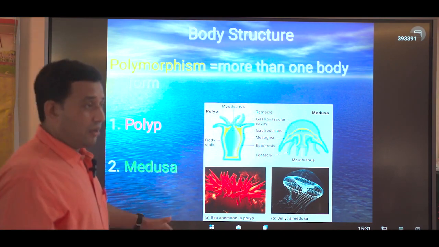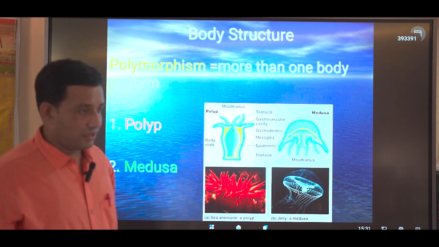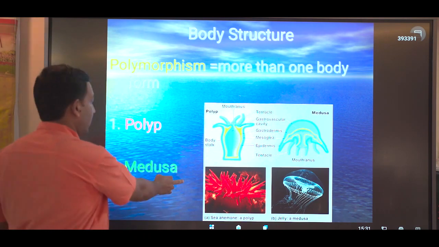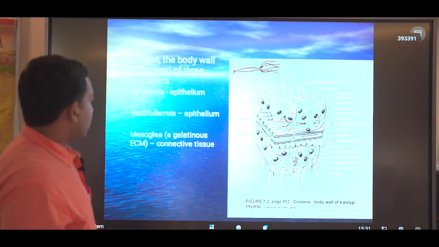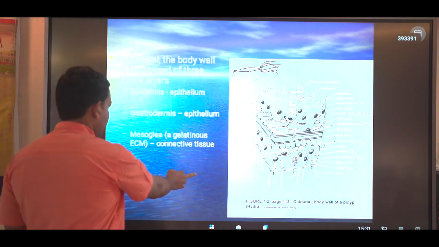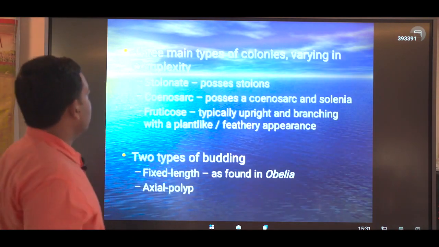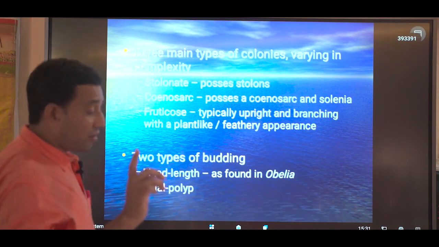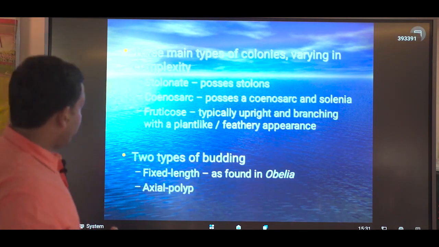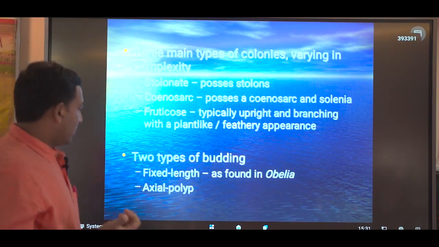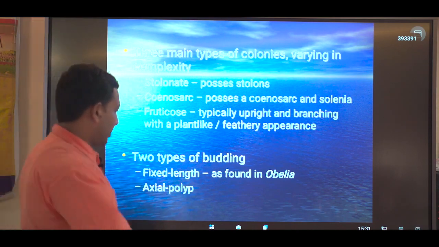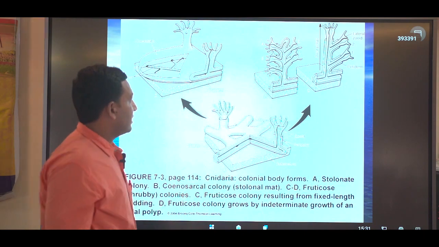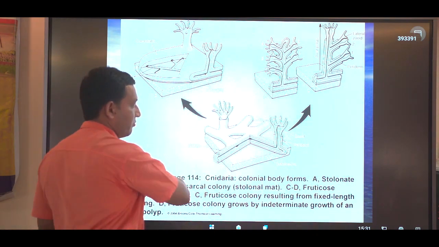Some are called vegetatively reproducing and others are sexually reproducing zooids of the same species. In general structure, you can see varying complexity: Stolonate, Coenosarc, Fruticose. And if we see the budding pattern, they have fixed length buds, having axial polyps. There are different types of structural forms.